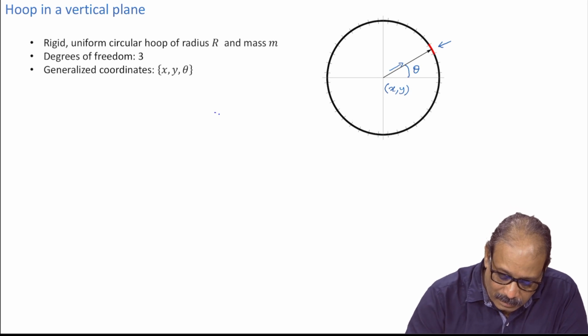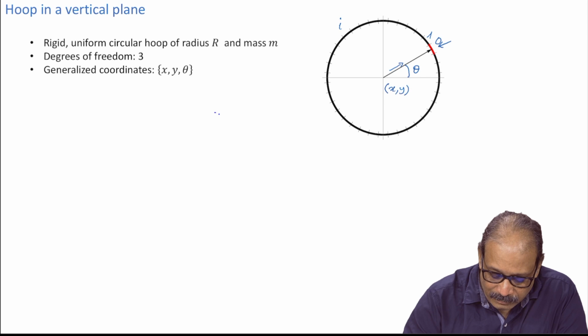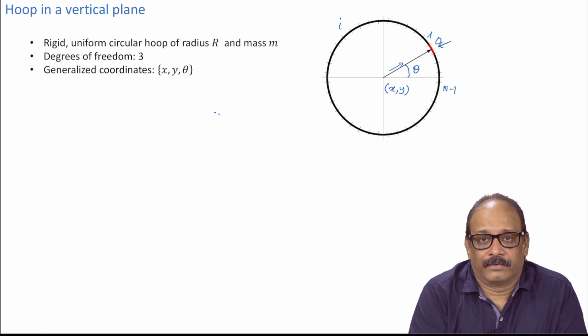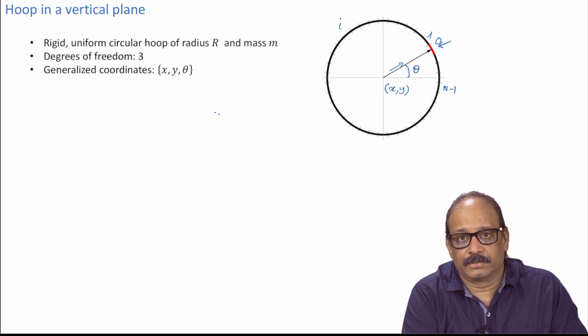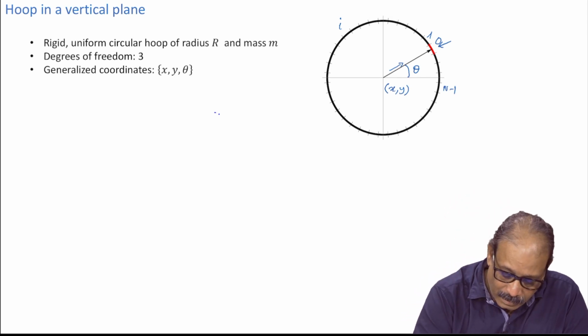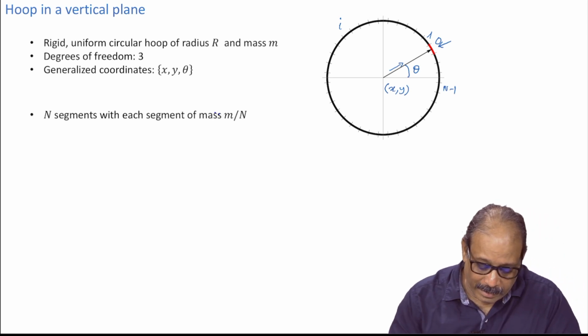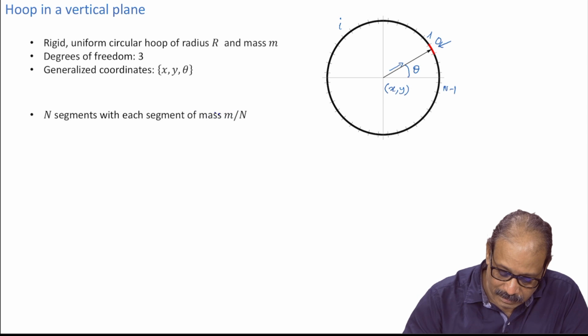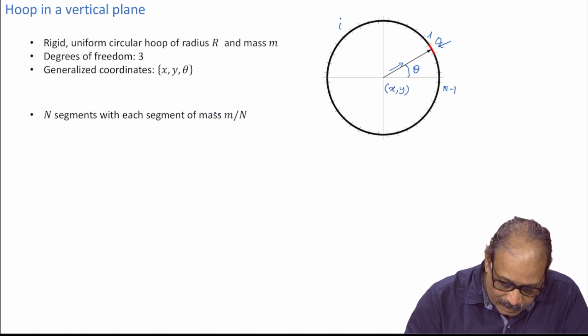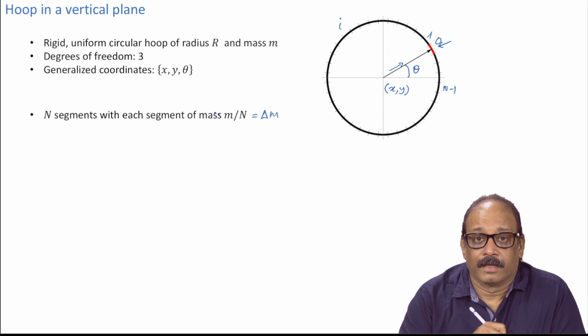Then we will number these as 0, first segment, and so on, and somewhere here you have the ith segment, and the total number of segments is n. So, the indexing goes from 0 to n minus 1. Now, the mass of each one of those segments would be m by n. I will also denote it by delta m later in the lecture.